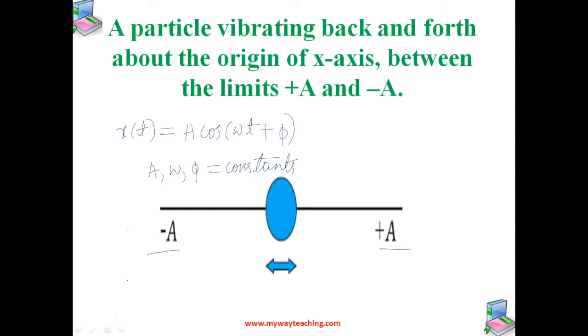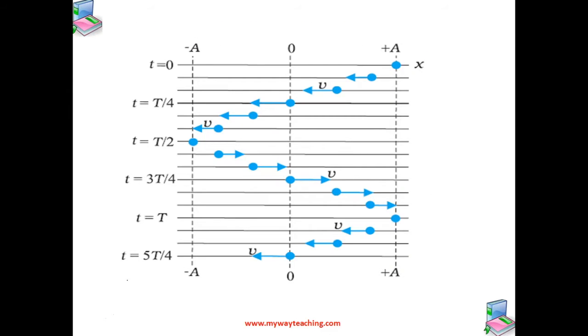So we can say a simple harmonic motion is not just any periodic motion, but one in which displacement is a sinusoidal function of time. So you can see in this figure the positions of a particle executing simple harmonic motion at discrete values of time, each interval of time being T by 4, where T is the period of motion, isn't it?